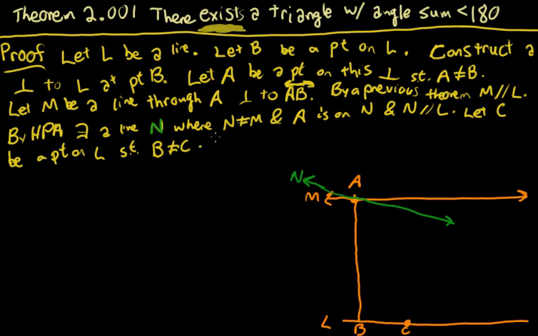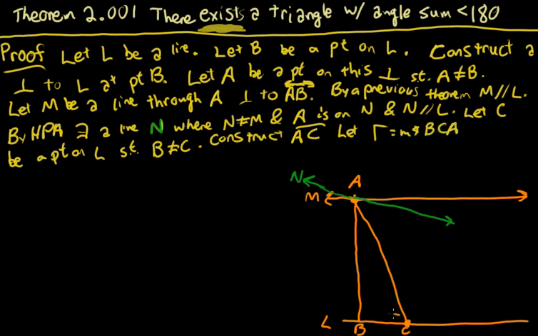And we'll construct AC and let gamma equal the measure of angle BCA. So we have gamma right here.